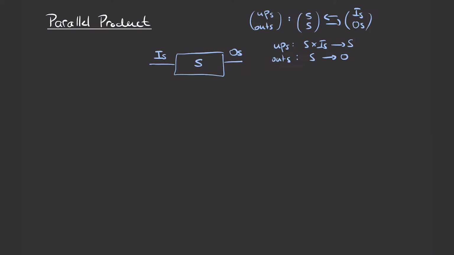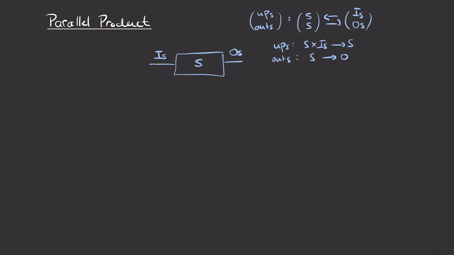Hence, we can think of such a system as running dynamically through time as follows. At a specific time, this system will have a state, and we feed it some input, and we use the update function here to produce a new state based on that input and the past state. And then that new state will produce an output using the output function.